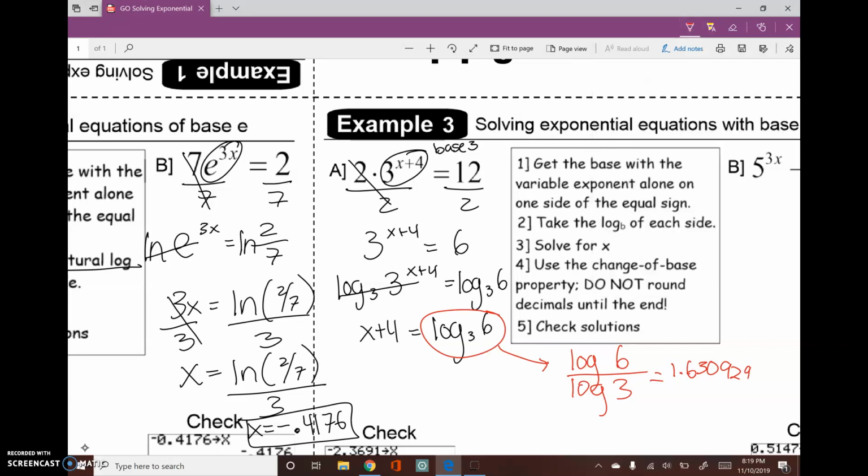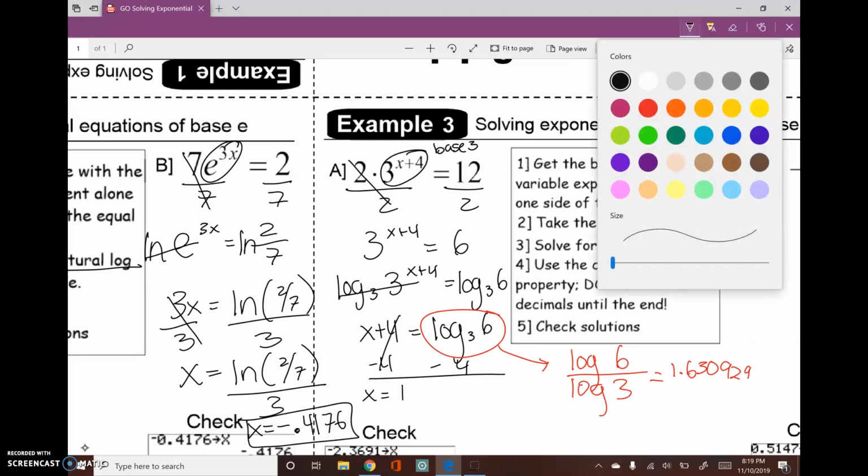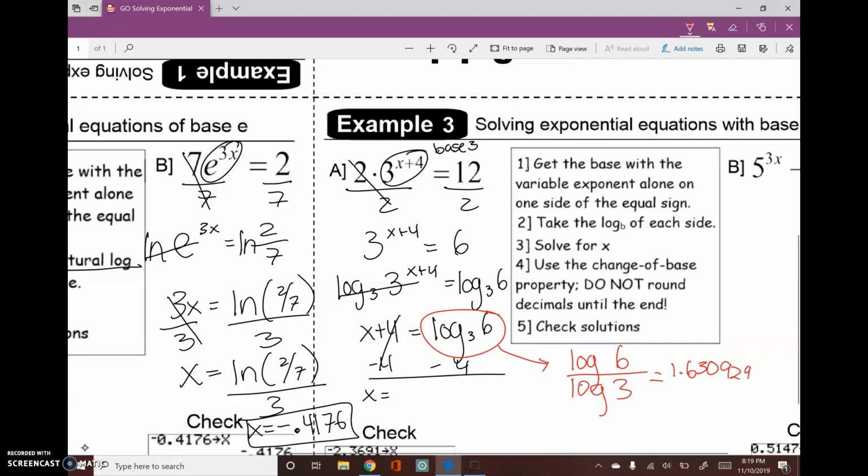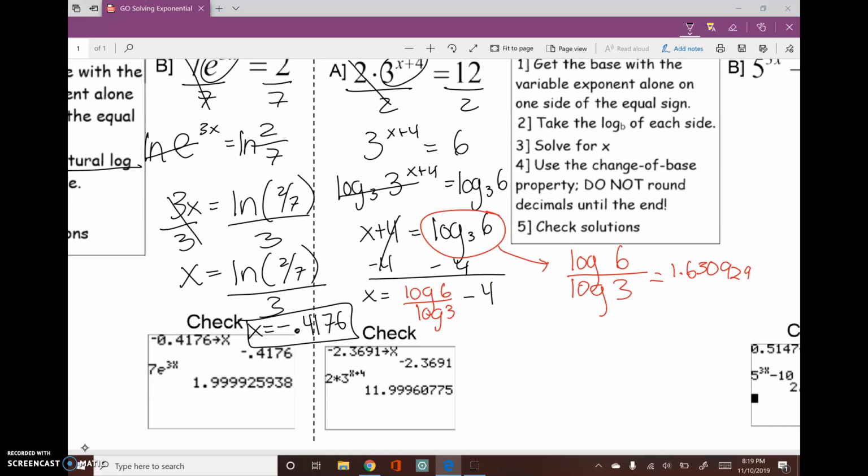Or you can plug it all into your calculator at the end. So then it's log of 6 over log of 3 minus 4. Plug all that into your calculator.